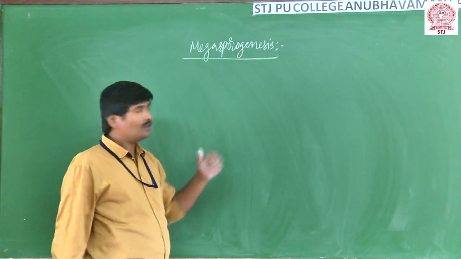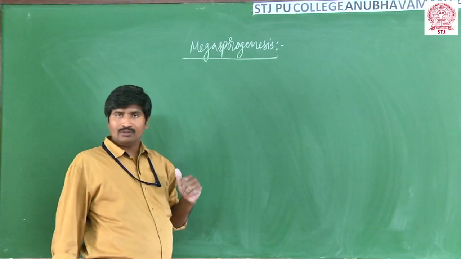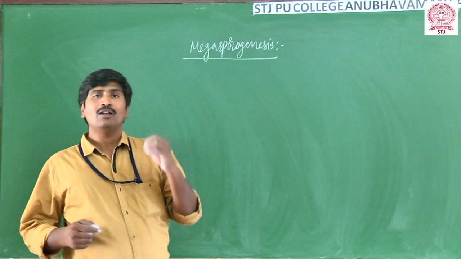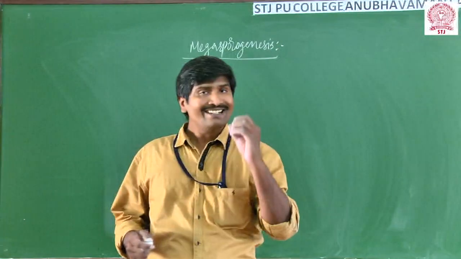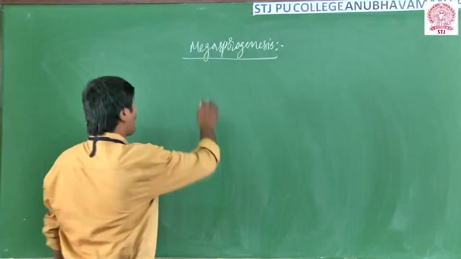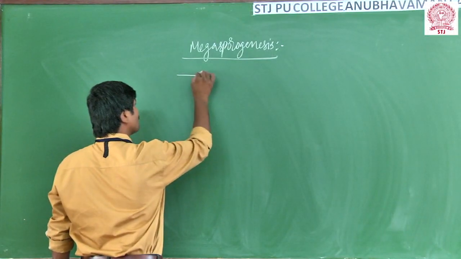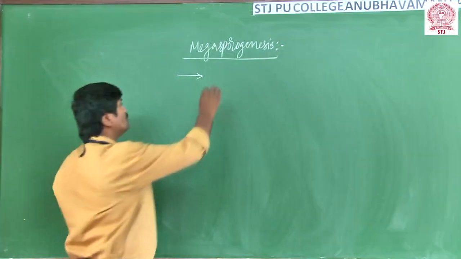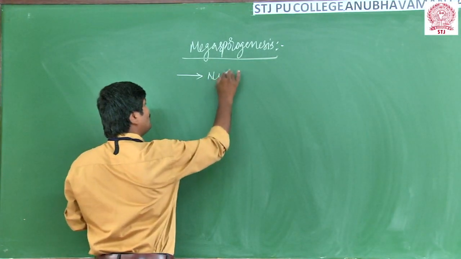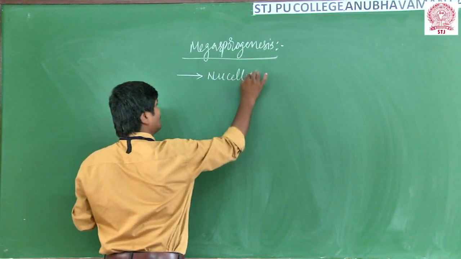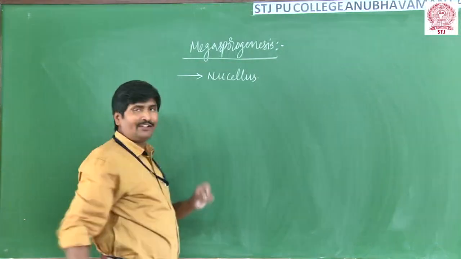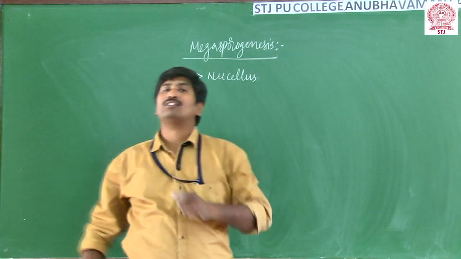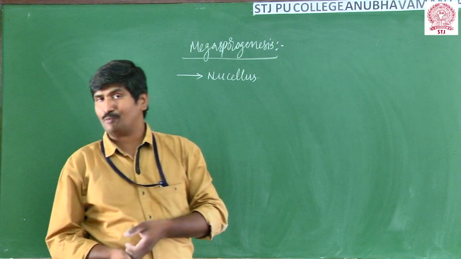Same here also, the megaspores are developed from the megaspore mother cell. In the beginning stage, nucellus. You already know the nucellus. The nucellus is the main part of the structure of the megasporangium.